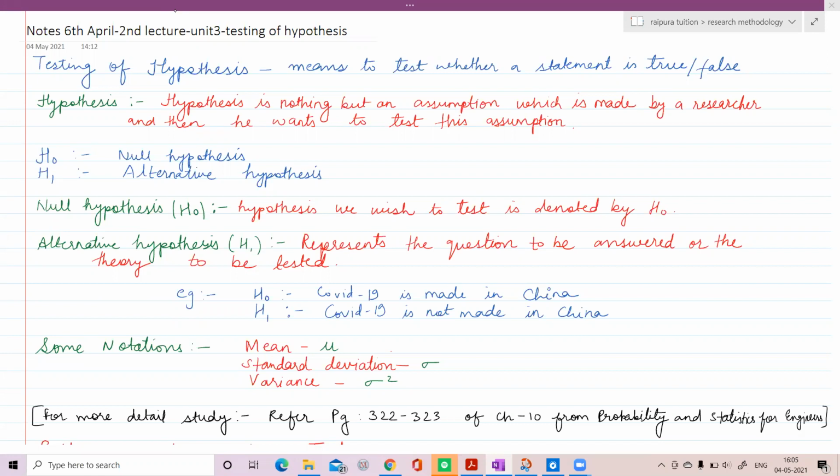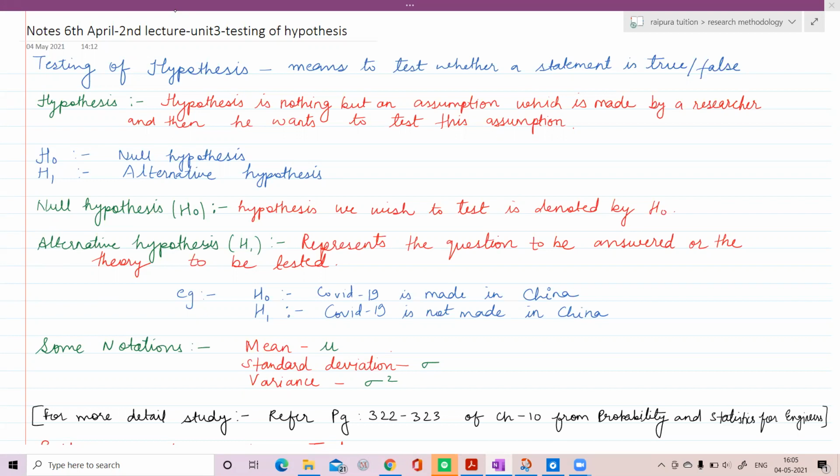And basically, this is the definition which I got from the book, that hypothesis is nothing but an assumption which is made by a researcher, and then he wants to test this assumption. So now this is H naught, which is the null hypothesis, H1 alternative hypothesis.